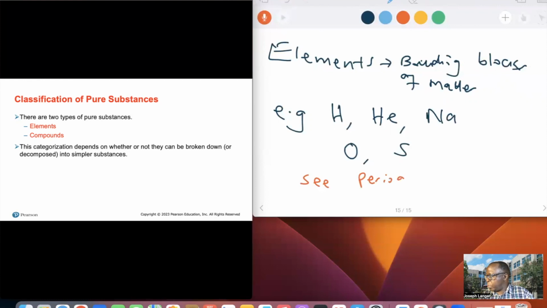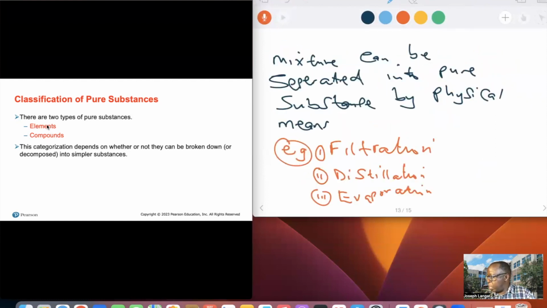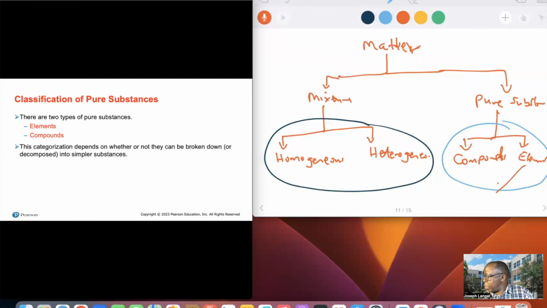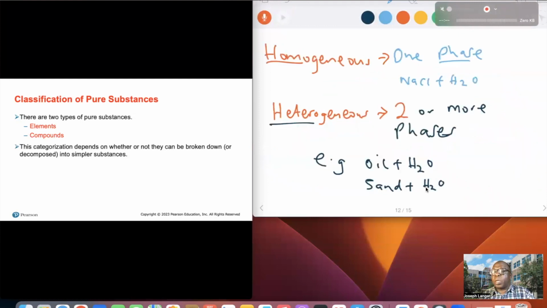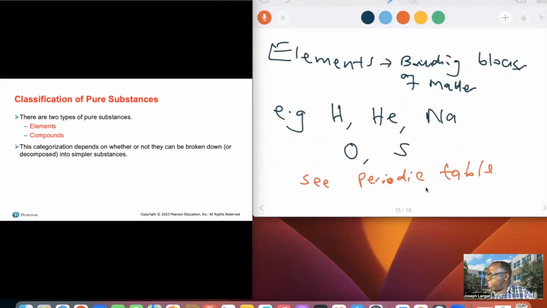Periodic table. I know we have not covered this, and it's the first time you're seeing me talk about the periodic table. Anything on the periodic table falls under elements on the flowchart. See periodic table. That's what consists of pure elements. Compounds, on the other side, can be separated into elements by chemical means.